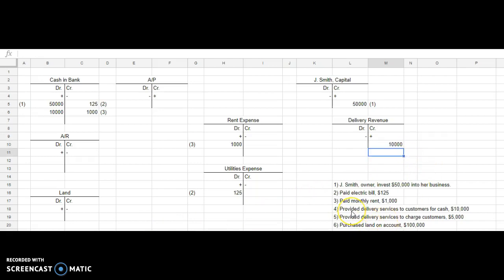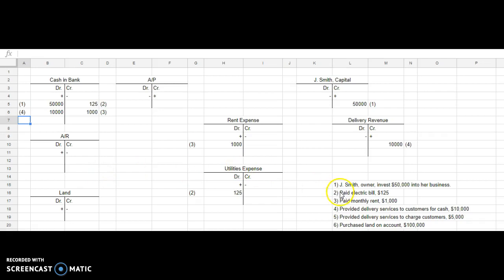So let's look at that again. Provided delivery services to customers for cash. So your cash went up. You provided a service, that's your revenue, and that goes up. So you debit your cash and bank, because that goes up, and you credited your revenue. Sorry, guys.